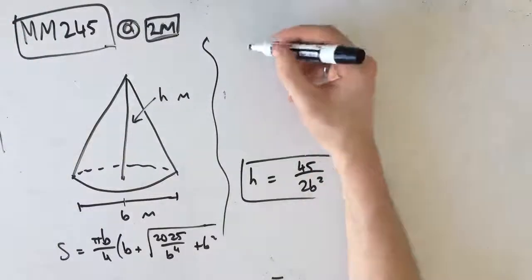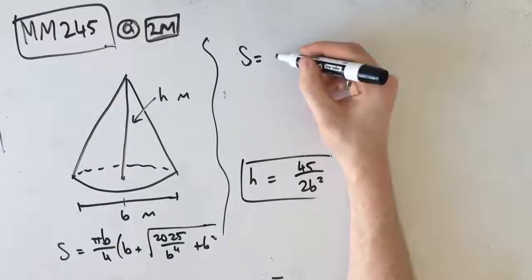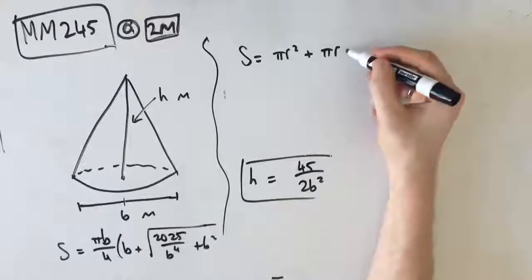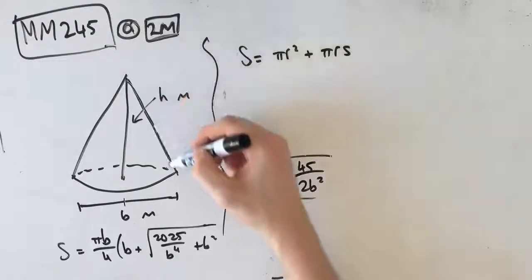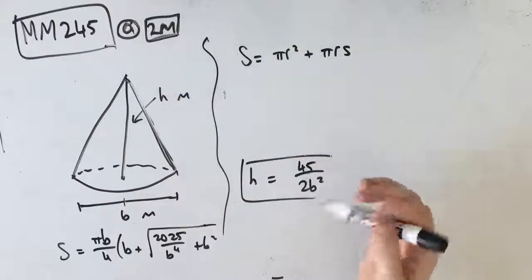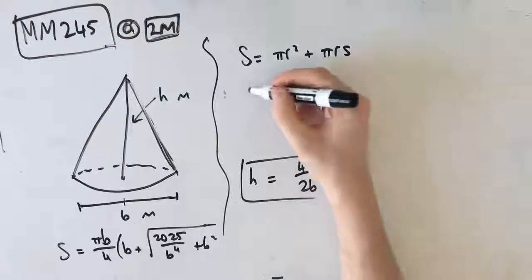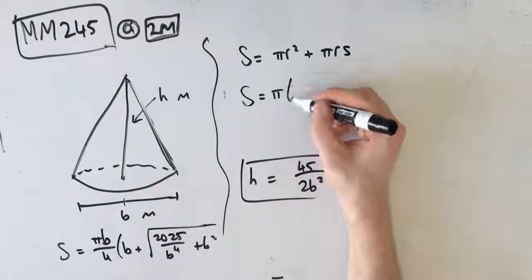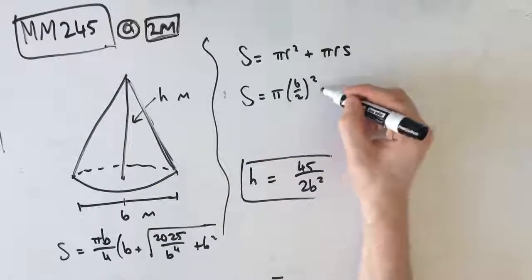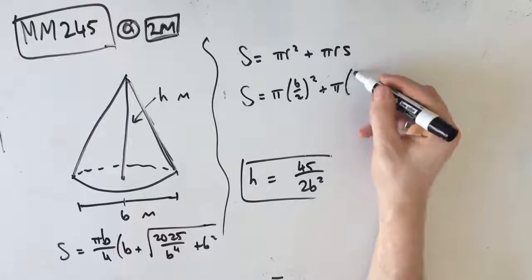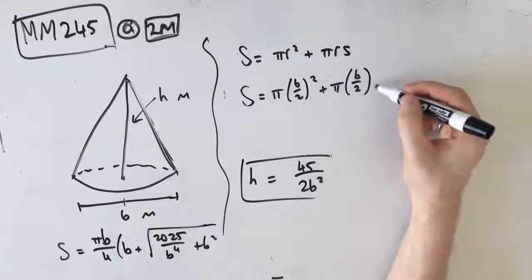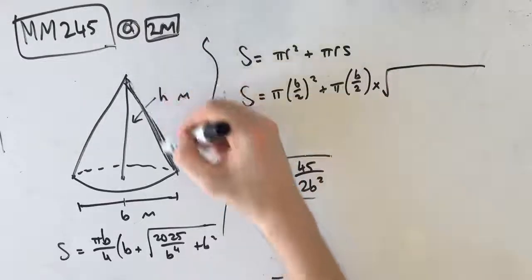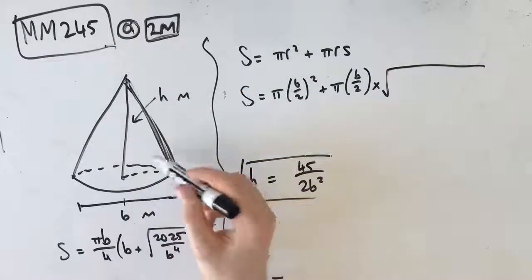So according to our formula sheet, the surface area of a cone is equal to πr² plus πrs, where s is this length here, the hypotenuse length. So that means the surface area is going to be equal to π times our radius squared, which is (b/2) squared, plus π again times our radius, b/2, times the slant or the hypotenuse of this cone.